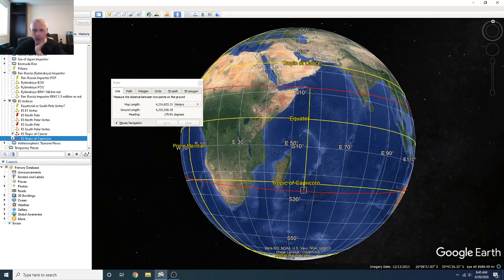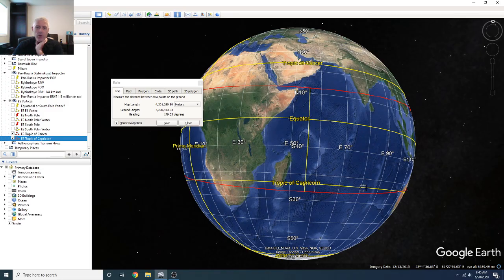Try to make it parallel with that longitude, or actually that meridian, as it would be referred to properly. I don't know if it really makes that big of a difference. I've got to stop talking because this is such a touchy situation here.